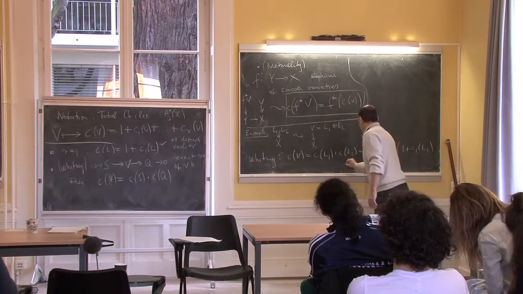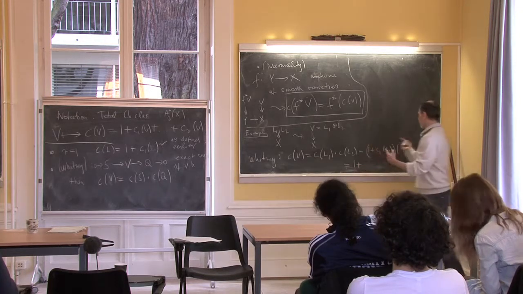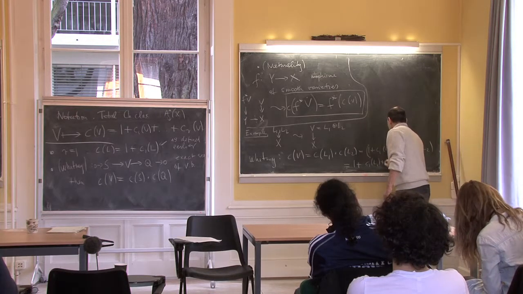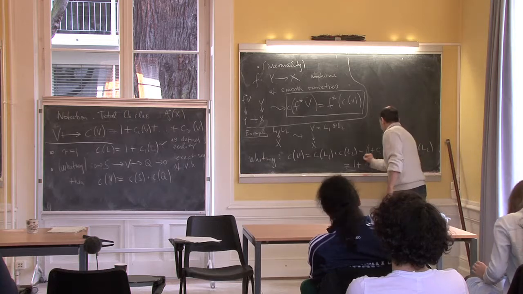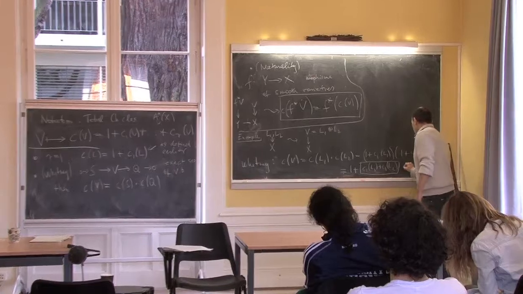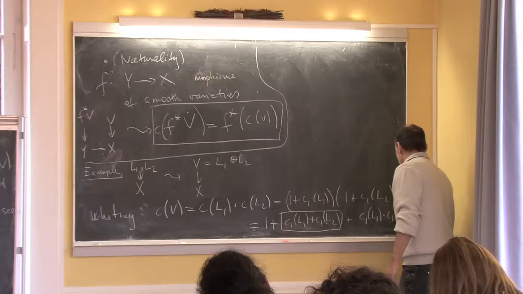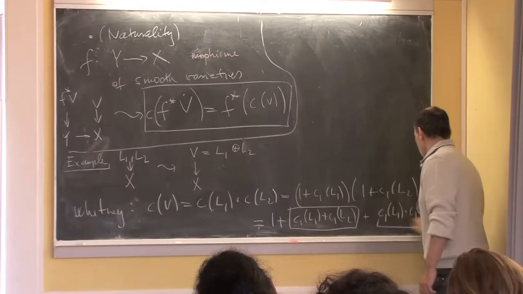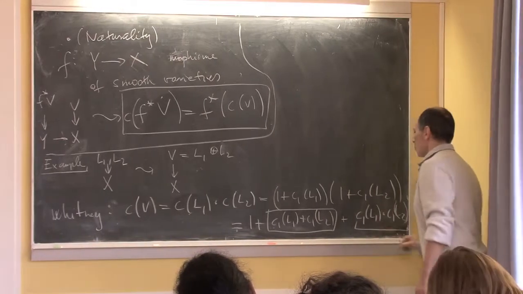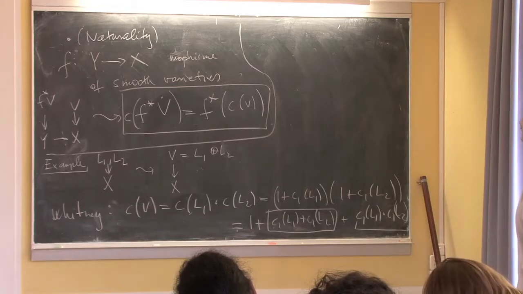And this is just 1 plus, and now I take them degree by degree, I get c1 of L1 plus c1 of L2. This is the degree 1 part, and then plus c1 of L1 times c1 of L2. And this is the degree 2 part. Right? When I just open the parentheses. Okay? So let's see what we got here.